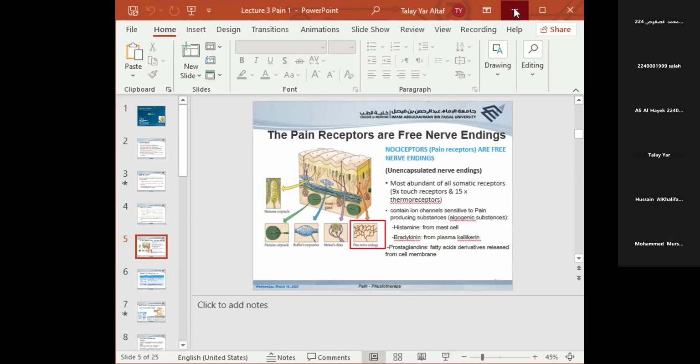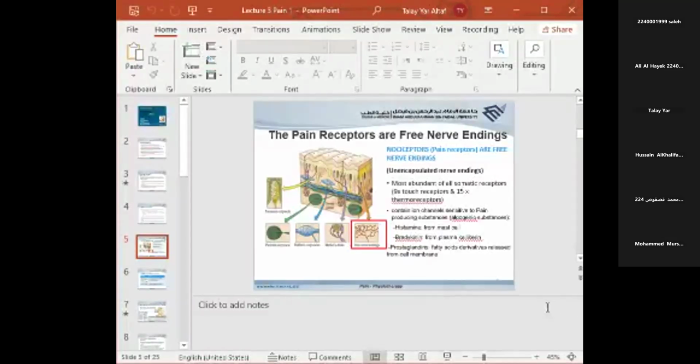Let me see what is happening. Share screen, window. Now it is there.